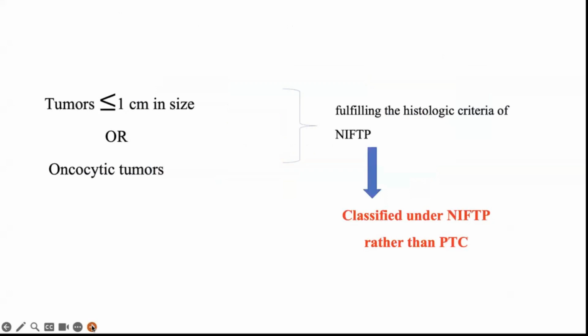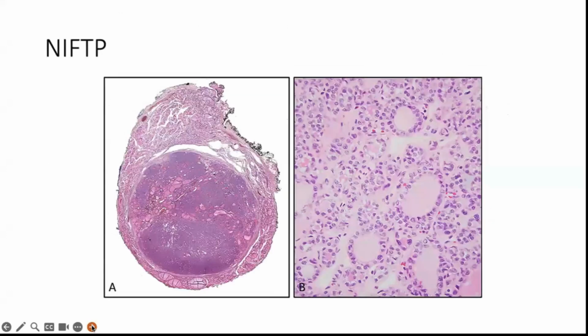So all this while these tumors were being classified as micro PTCs. As you can see in this picture, there is a well defined circumscribed lesion with no papillae, and these are follicles with some nuclear features of PTC. Some nuclear clearing and grooving can be seen.